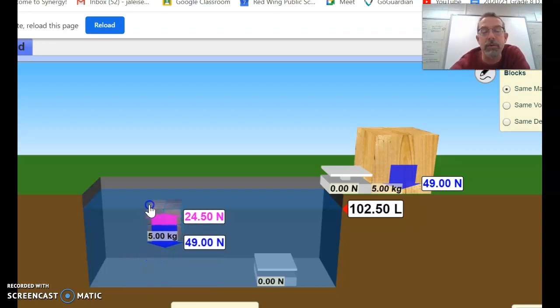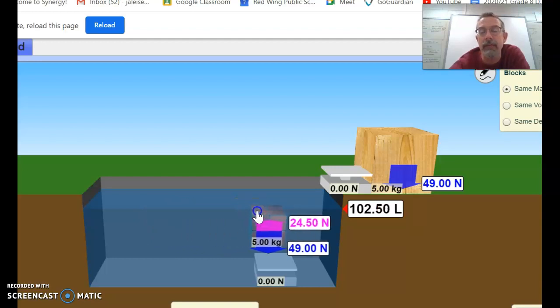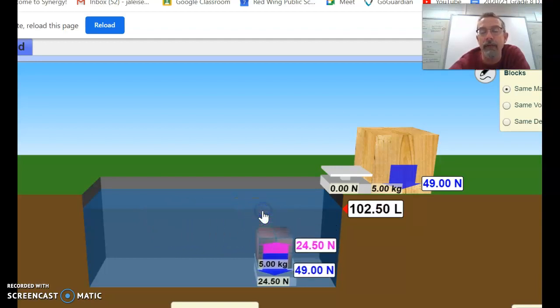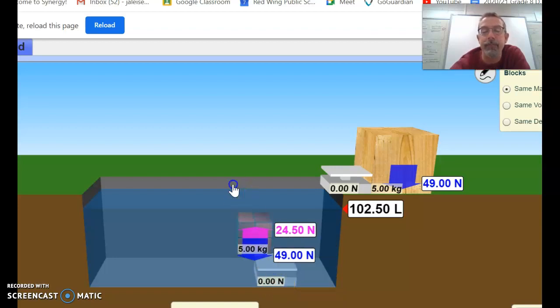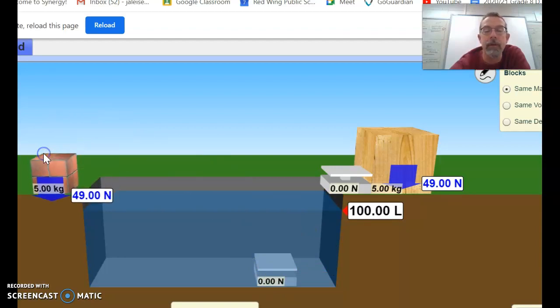So the difference between the weight of the brick, which is 49 newtons, and the buoyant force, which is 24.5 newtons, means that if I put it on a scale in water, it now weighs 24.5 newtons. It weighs less in water because 49 minus 24.5 equals 24.5 newtons.